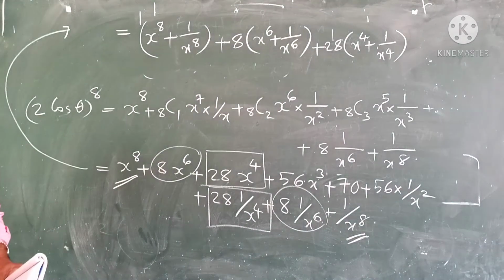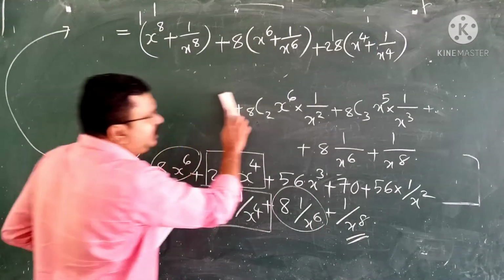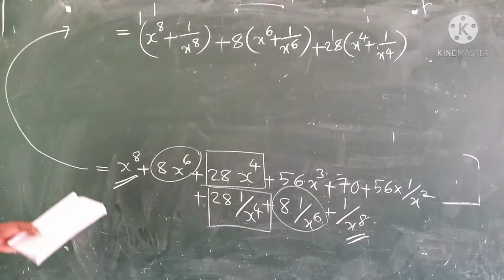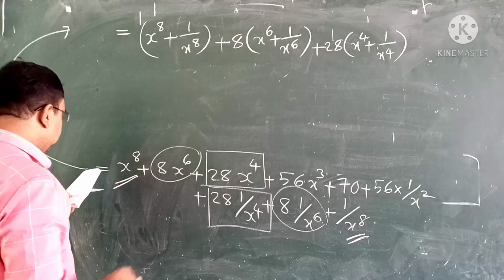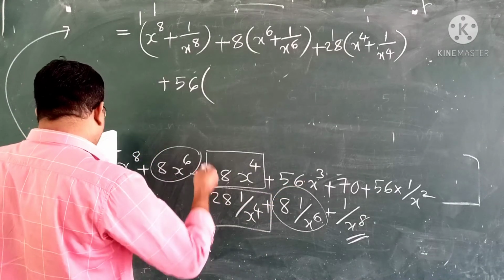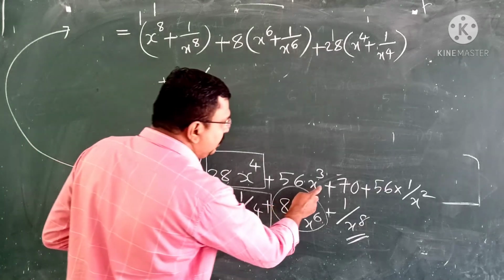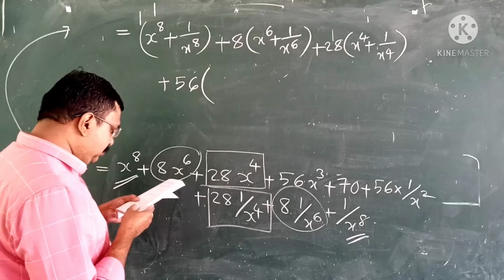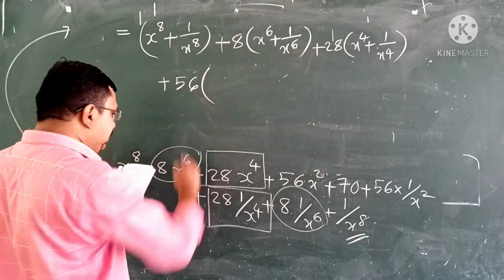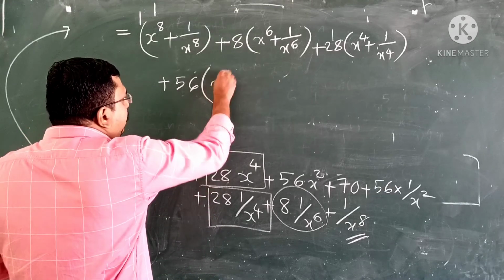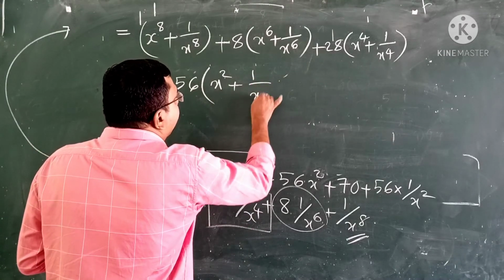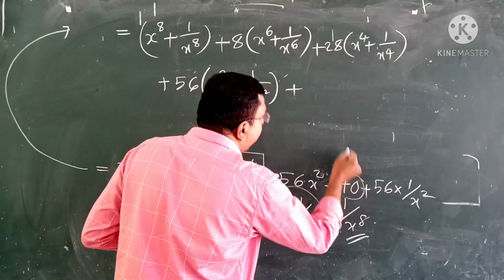Then the remaining terms: next one is 56 into x square, it is x square, not x cube, so 56 into (x square plus 1 by x square), plus here a constant term 70.